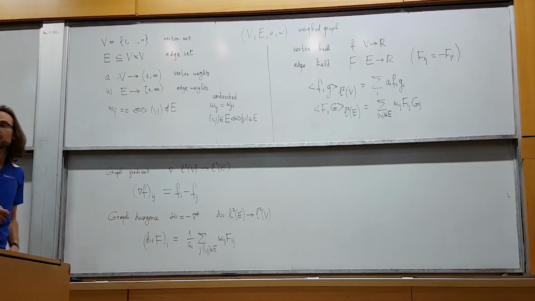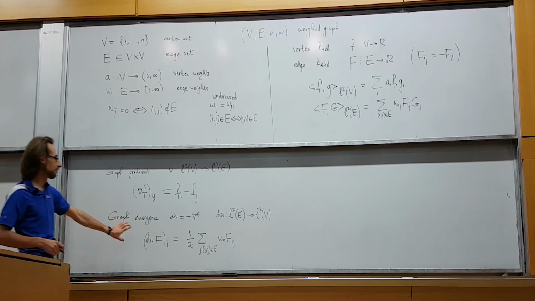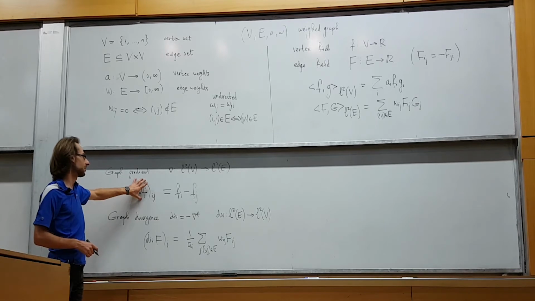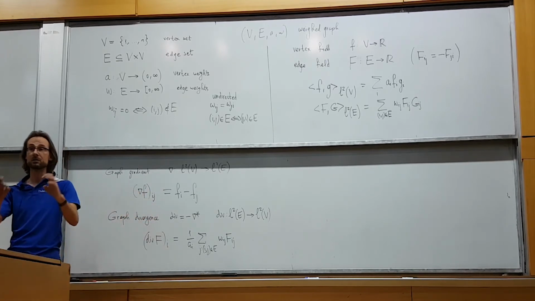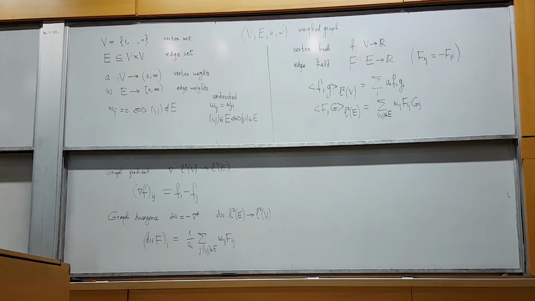Okay? And as a small homework, just check that this definition of the divergence and this definition of the gradient are indeed the adjoint of the other, by just substituting this into the inner products and the definition of what it means to be an adjoint operator. Okay?